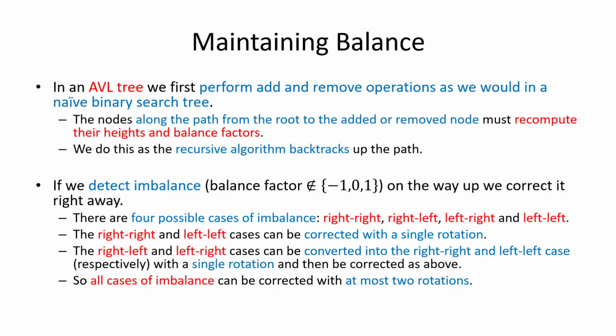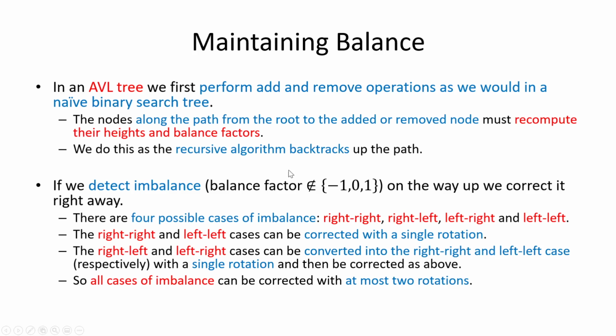And so these recursive calls allow us to backtrack back up as they unwind. We recurse down as we go left or right, and then as the recursive calls unwind, we visit those same nodes on the way back up. So on the way back up, we recompute the height and the balance factor as the recursive algorithm backtracks.